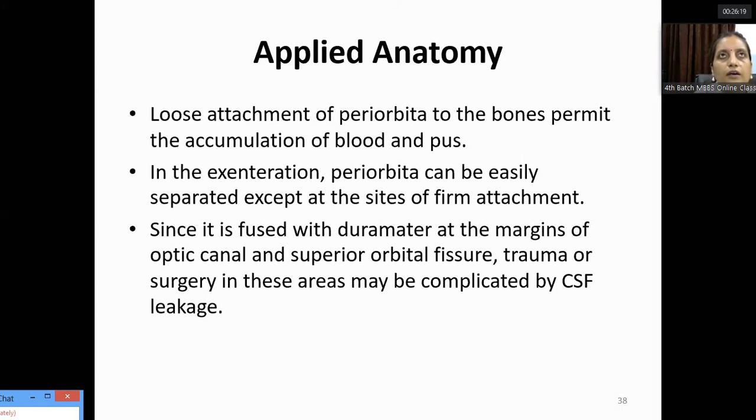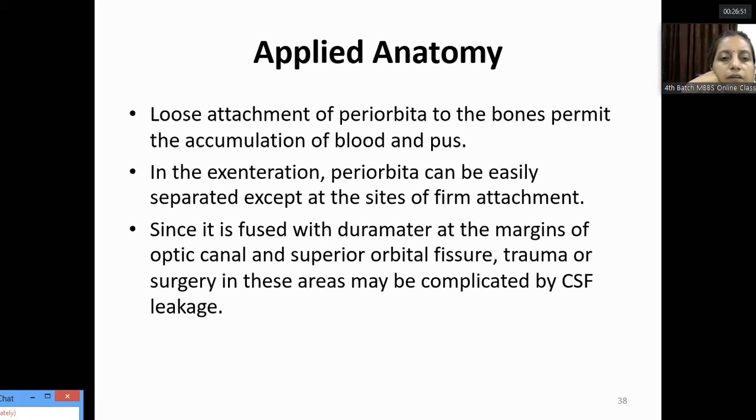There are other types of destructive surgeries like evisceration and enucleation. In evisceration, we just take out the contents of the eyeball. In enucleation, we take out the whole globe along with part of the optic nerve, with all three layers removed. In exenteration, the whole adnexa is also removed.